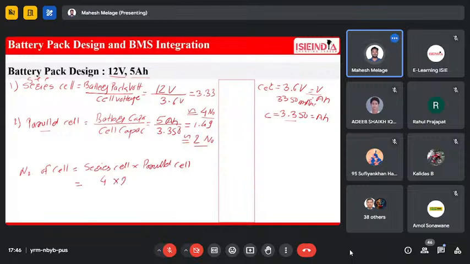In parallel, 2. 4 into 2, 8. Means the number of cells designed for this battery pack, 12 volt 5 Ah, we require a total of 8 cells. So now we design the battery pack.